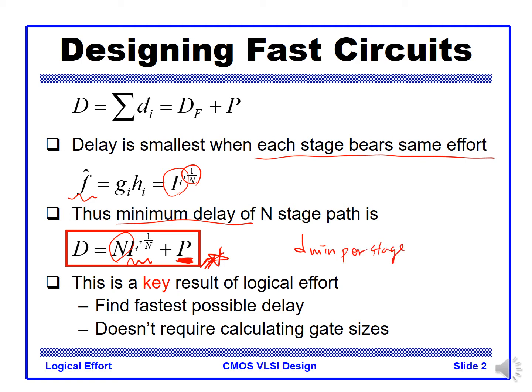We don't consider the parasitic delay. It will be the nth root of the path effort delay, right?